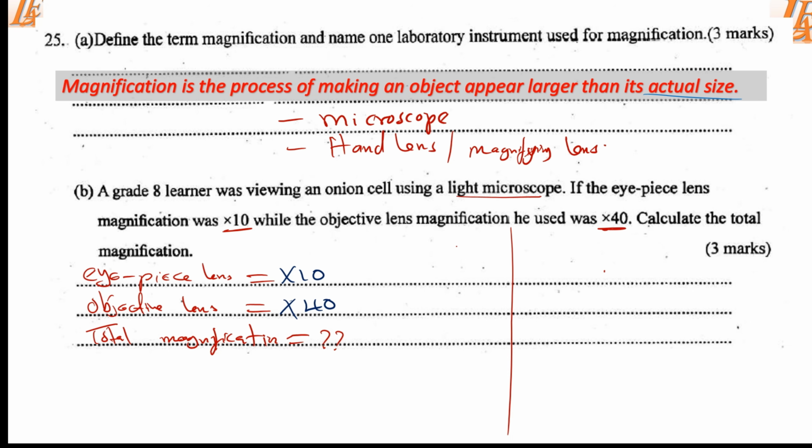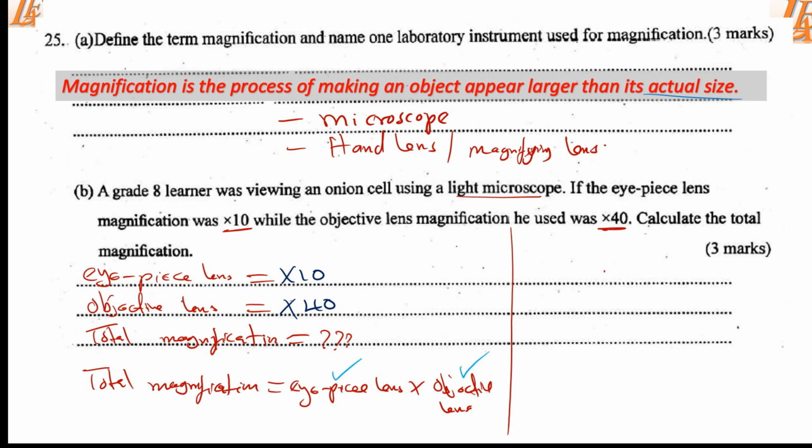So in this case, we just write a very simple formula. Total magnification is equal to eyepiece lens times objective lens.